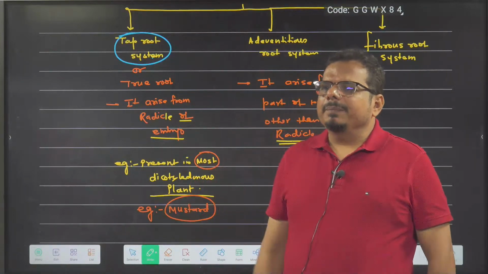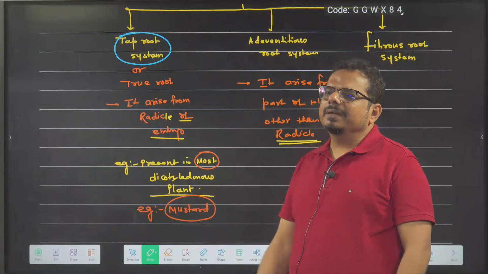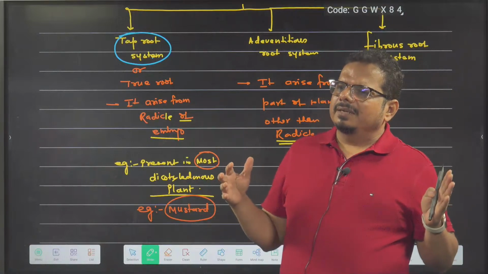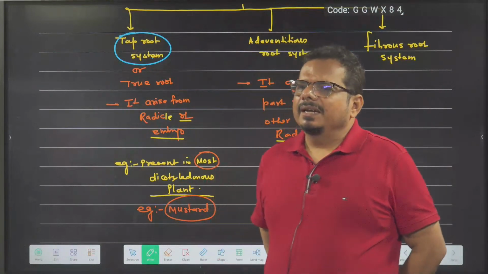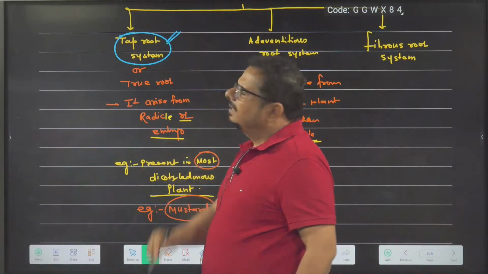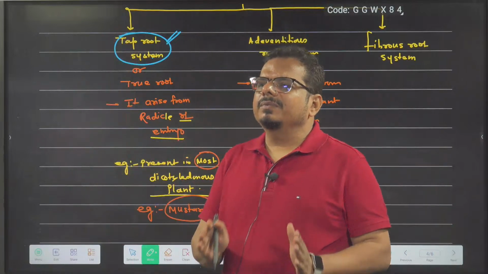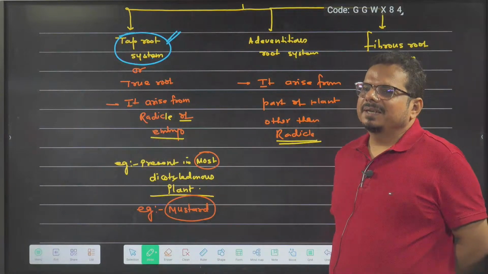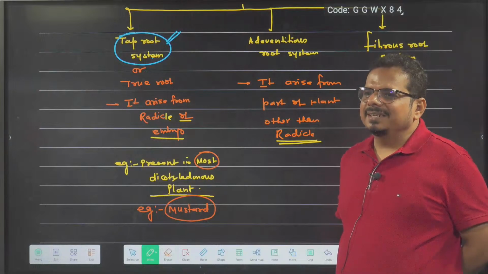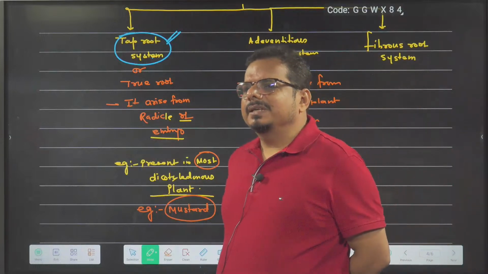But what happened? People just make a mathematical assumption. What assumption are people making? They say, I just studied 500 plants, and in 500 dicot plants, I have seen tap root system. So we make a generalization. Means in dicot plants, which type of root system is there? Tap root system. So this is a generalized idea. Nature is filled with exceptions.